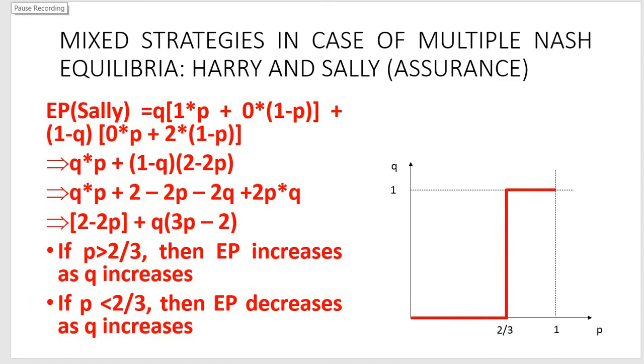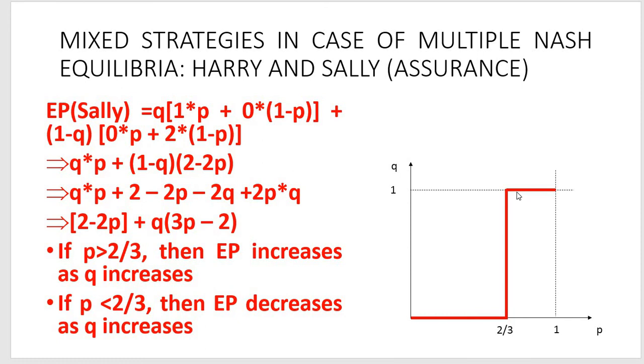Now consider the same example for Sally. Here is your expected payoff, some basic mathematical operations, and this is what you should end up with. So once again, for Sally, p is just some kind of exogenous parameter. So if p exceeds 2 over 3, then expected payoff for Sally will increase as q increases.